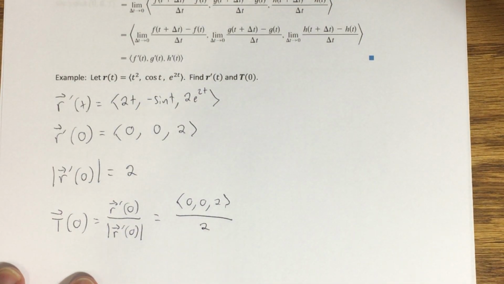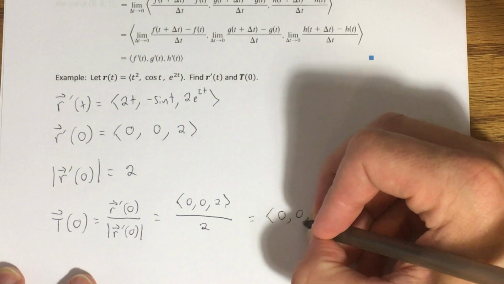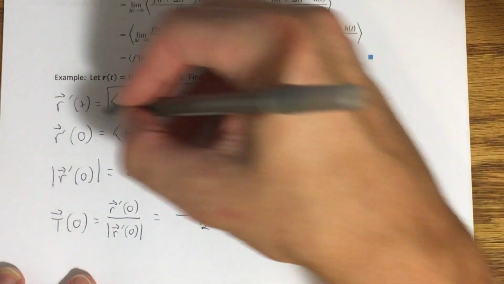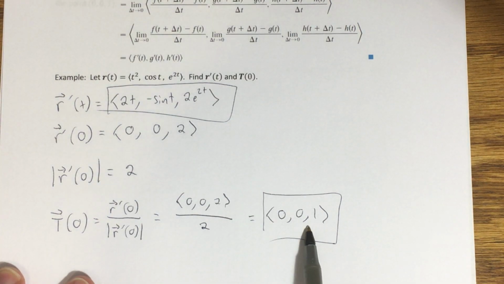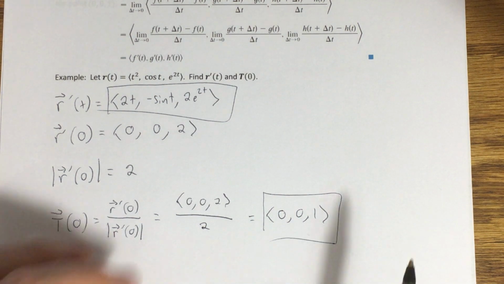Remember, by dividing by 2, what we really mean is multiplying this vector by 1/2, which would give me 0, 0, 1. And again, you should be able to verify really easily that the result is a unit vector. It has a magnitude of 1. That should always be the case with this function. It can only produce unit tangent vectors, not just any tangent vector. Okay?